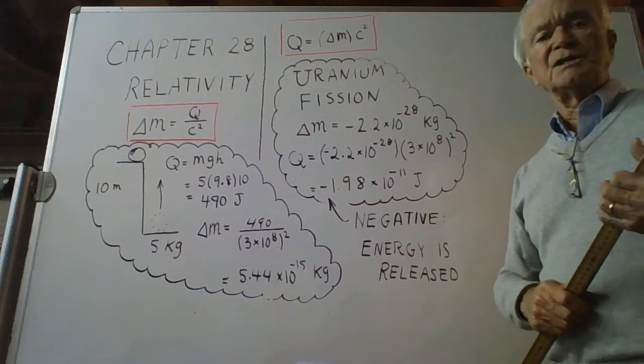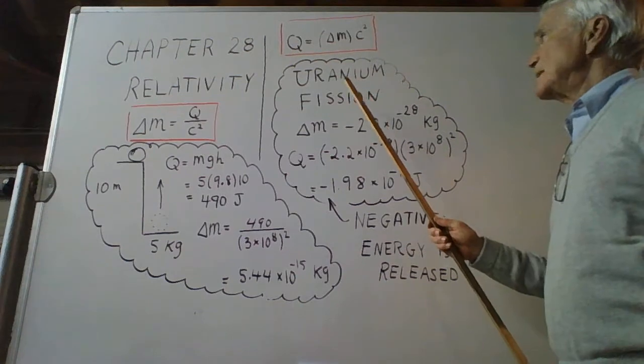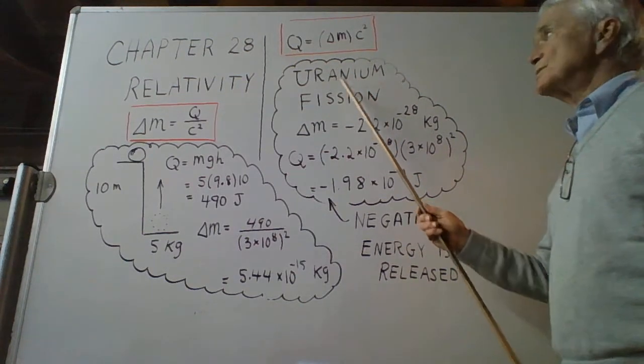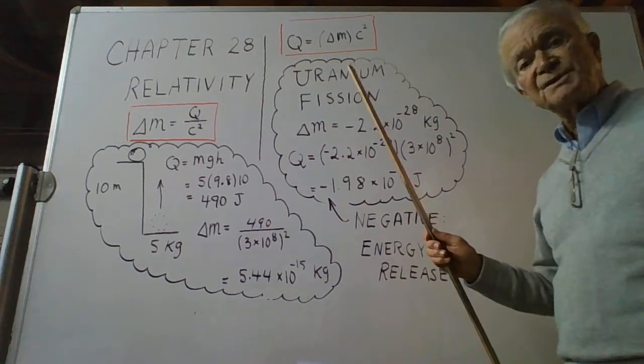The object loses mass. That happens in perhaps the second most important type of mass energy equivalency, you can call it.